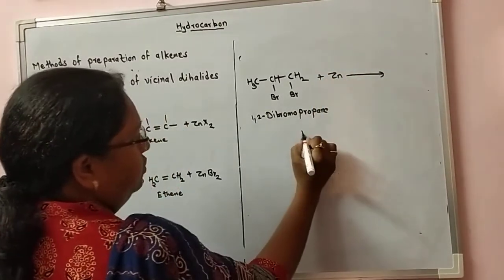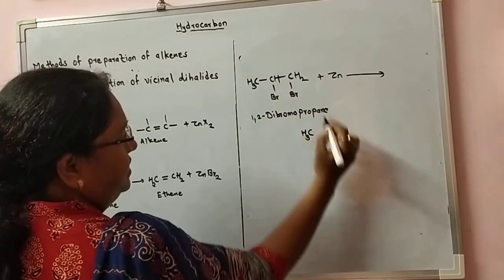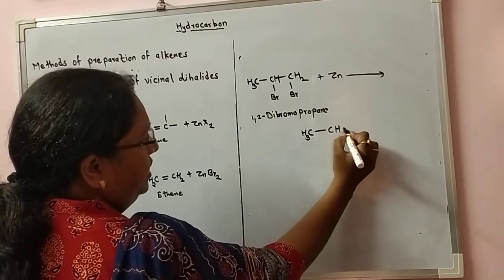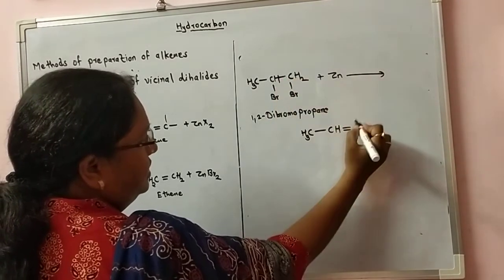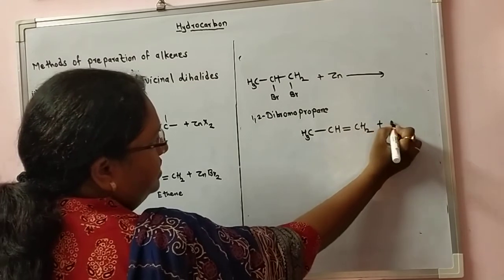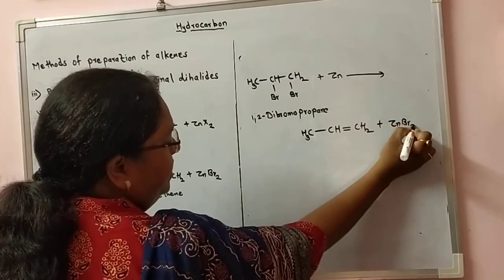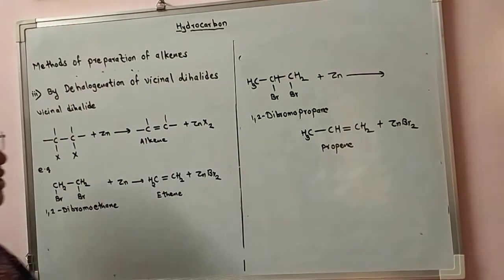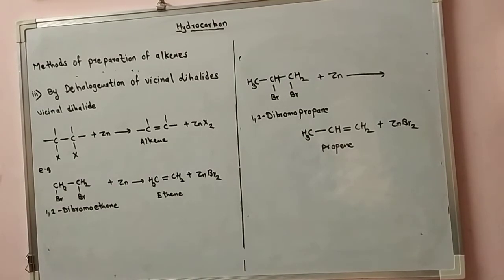It gets converted to propene, CH3 CH. The two bromine atoms are removed and the double bond is created between these two carbons, plus zinc bromide, ZnBr2. So propene is obtained from 1,2-dibromopropane. That is one method to get an alkene: an elimination reaction by dehalogenation of vicinal dihalides.